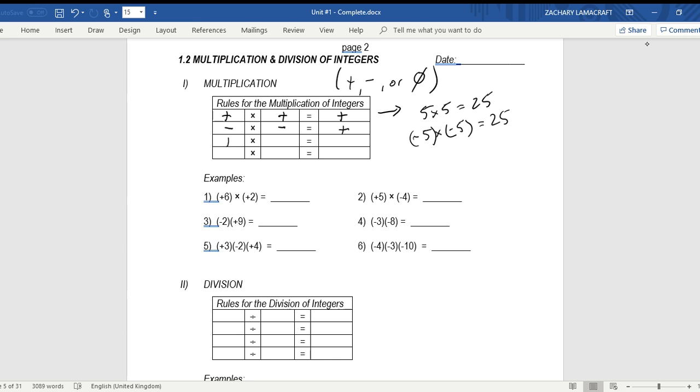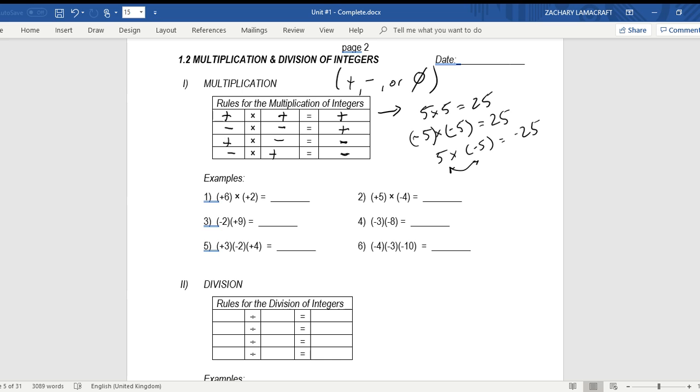However, if I was to multiply a positive number times a negative number, so 5 times negative 5, I would get negative 25. So I would get a negative number. And if I did the exact same thing but the opposite way around, a negative times a positive number is always going to be a negative.